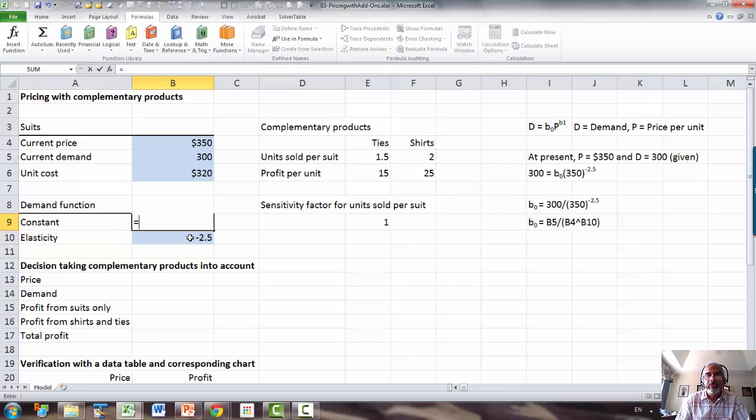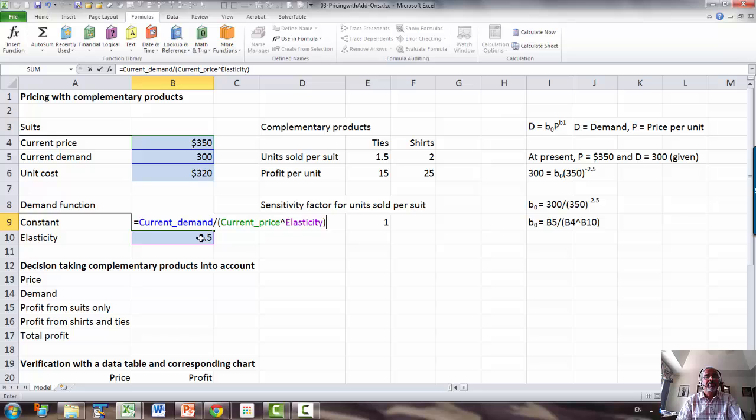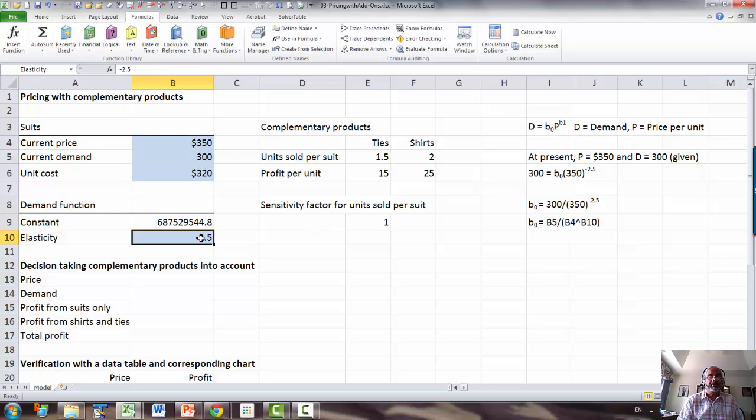So we have current demand divided by, okay, see this whole thing, 350 to the power of the elasticity. So that will give us the constant.